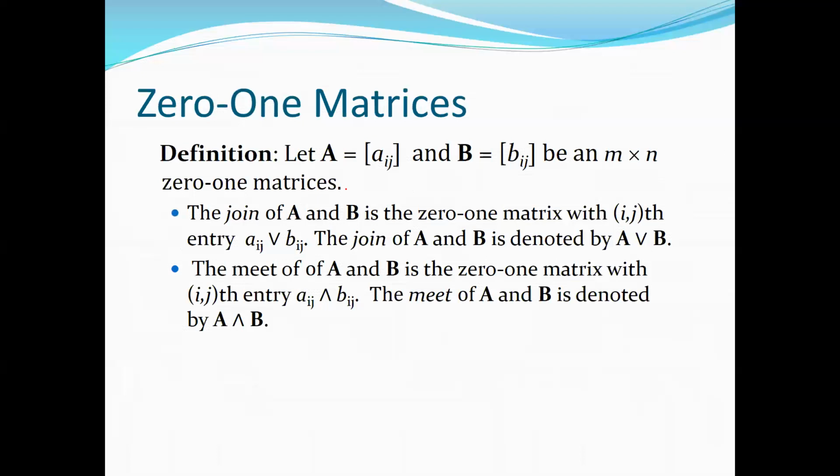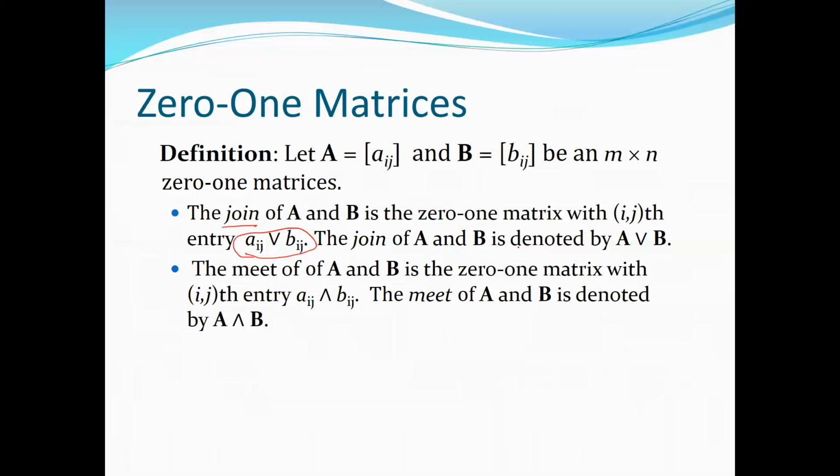So let A equal to Aij and B equal to Bij be m cross n 0 1 matrices, right? So the join of A and B is the 0 1 matrix whose ith and jth entry we can obtain with the help of the OR operation. So if we are performing the ORing, we call this operation the join operation instead of the addition.